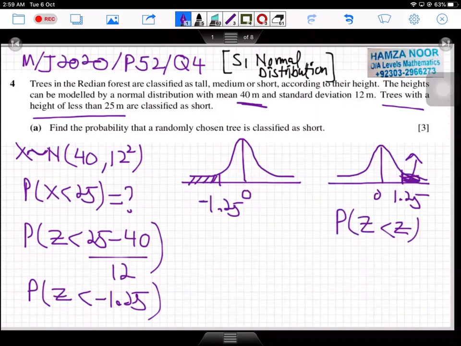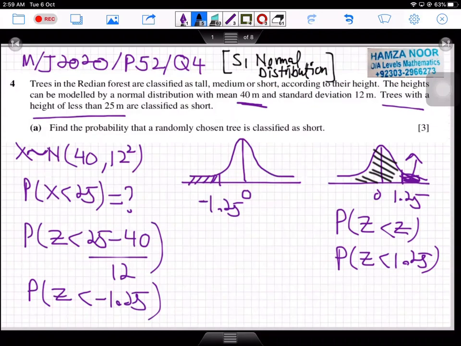So I'm going to find probability of Z is less than 1.25. When I get this area, I will subtract it from 1, since the sum of all the probabilities is equal to 1, the area under the graph will be equal to 1.